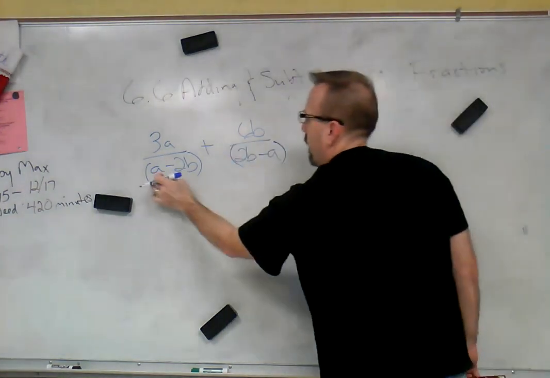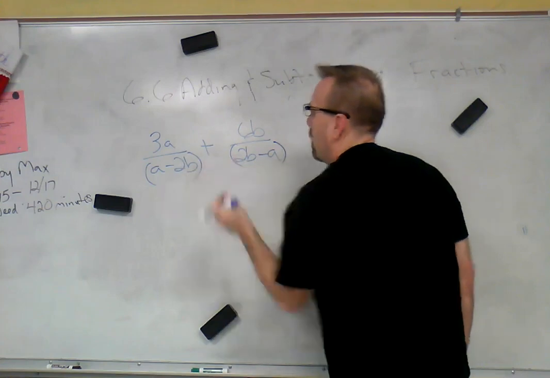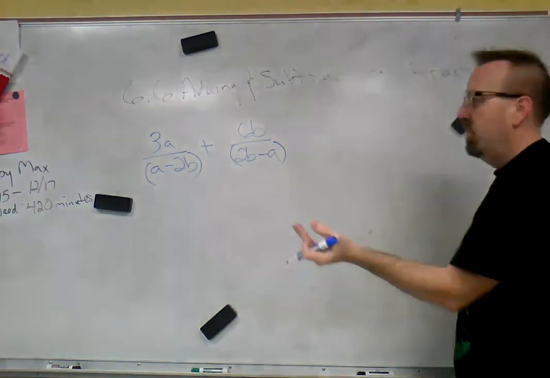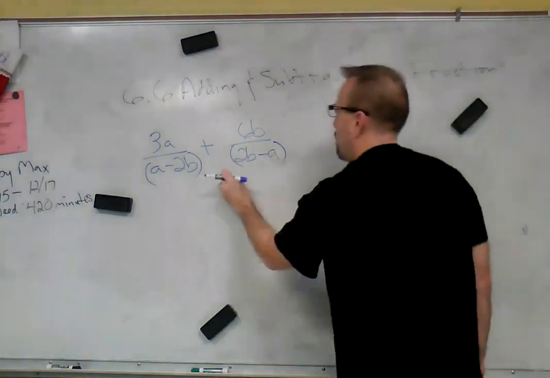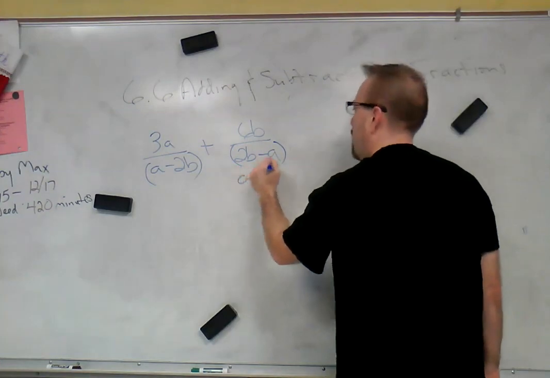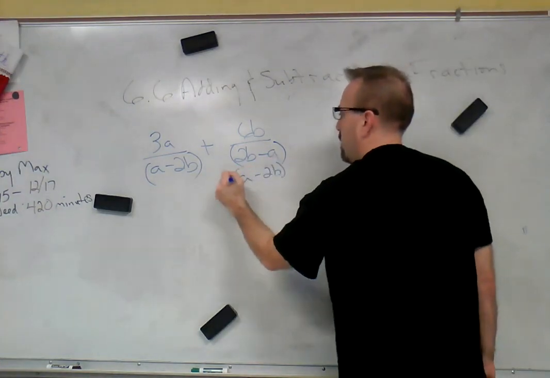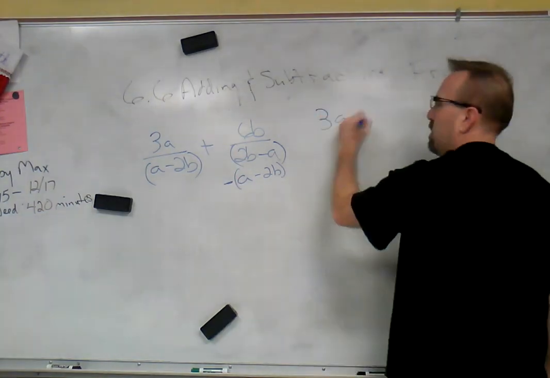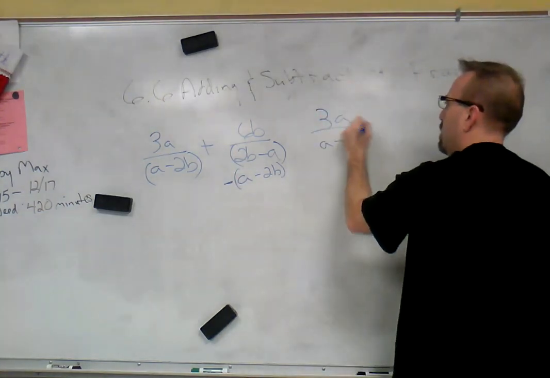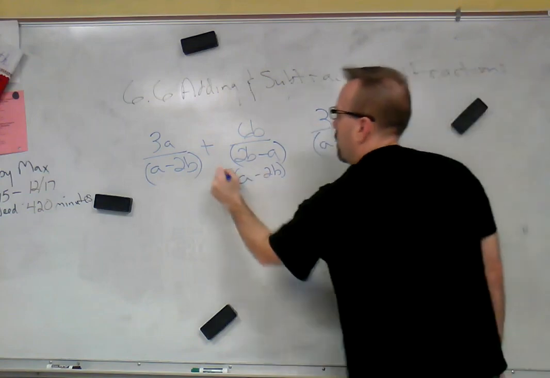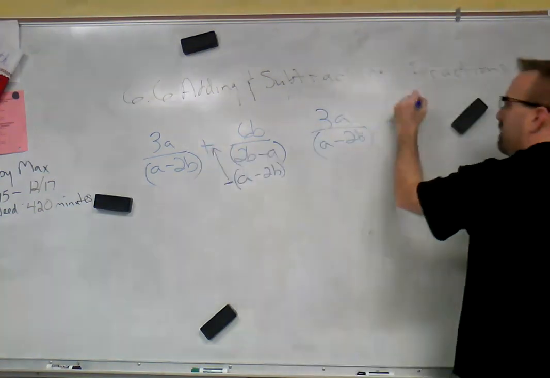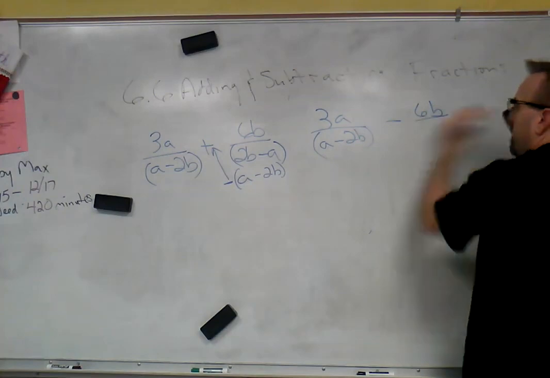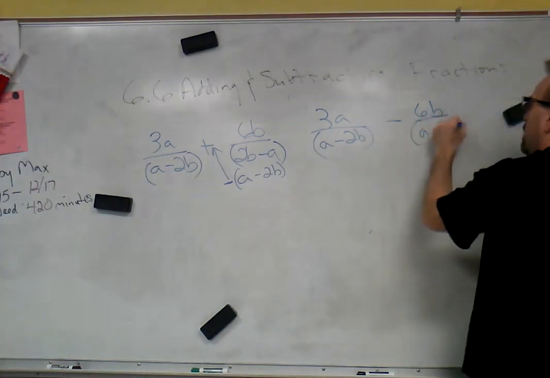So this is one where we have the same numbers and both of them are subtract, but they've been flipped. So what we're saying is, can't we just turn this one around? Which we can. When we turn it around, we bring that negative out in front. So I want to rewrite it. So now we're going to bring this minus up here. Minus 6b, a minus 2b.